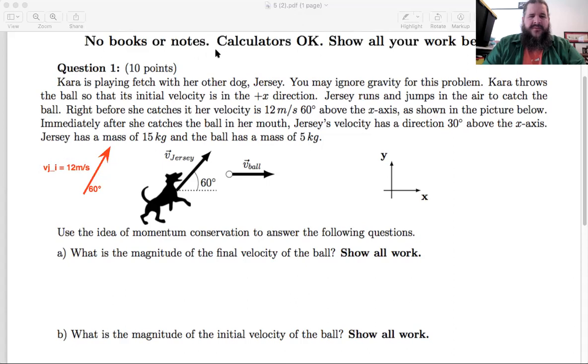Which means we should be able to split that into components, right? How would you find the x and y components of this?